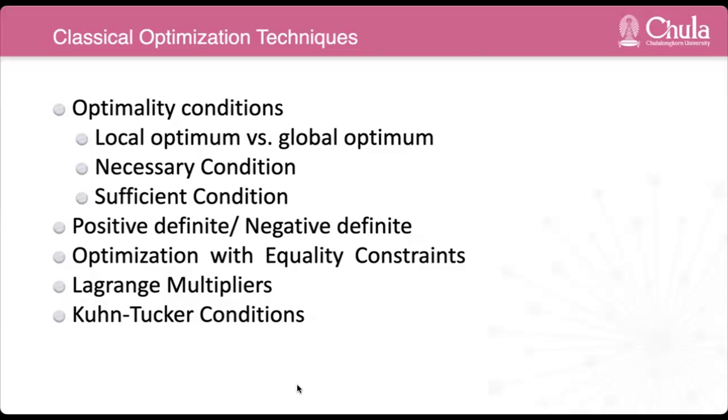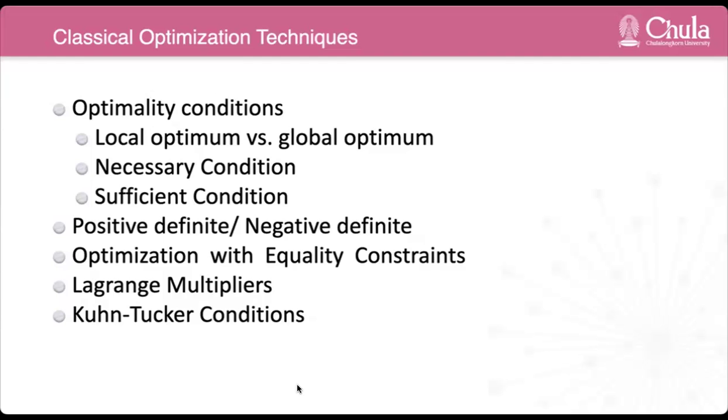Then we move to optimization with equality constraint. The first few topics we discuss here are conditions to determine the local optimum without constraint. But if we want to handle constraints, how do we incorporate those constraints into the objective function, and how does it affect the optimum condition?